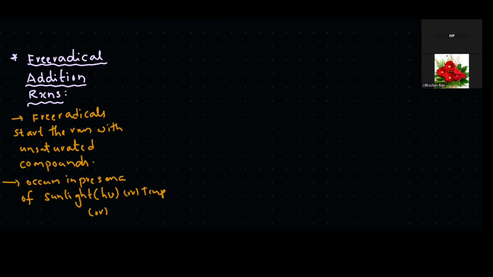So in the presence of these conditions, free radicals start the reaction with the unsaturated compounds. Here the unsaturated compounds are either alkenes or alkynes.